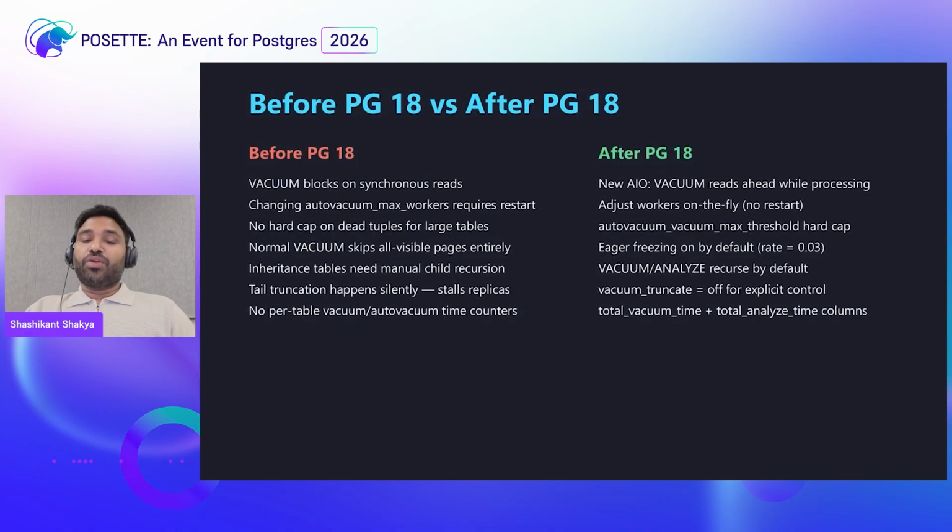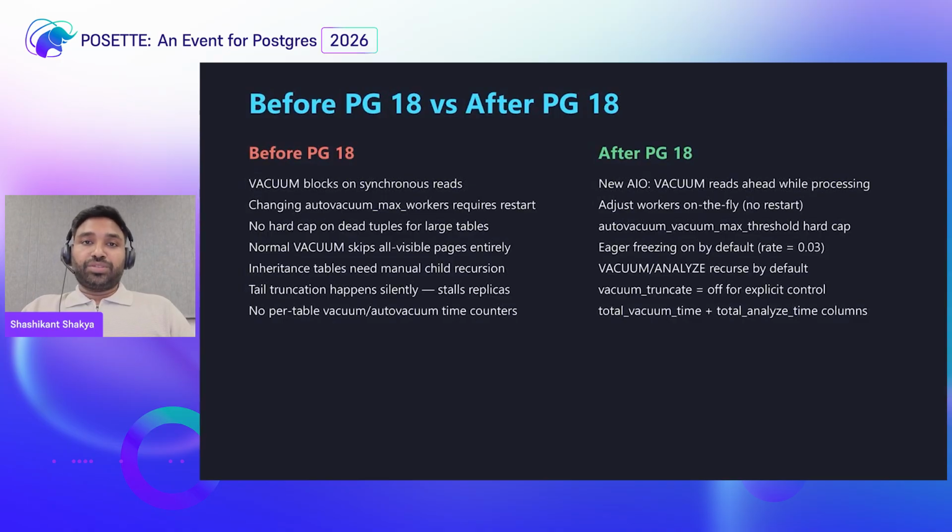In this slide, on the left-hand side, we describe the pain points we had prior to PG18, and on the right-hand side, how PG18 addresses these challenges. Before PG18, vacuums were blocked on synchronous reads. It had to wait for an I/O to complete, process it, and then redo the same thing.